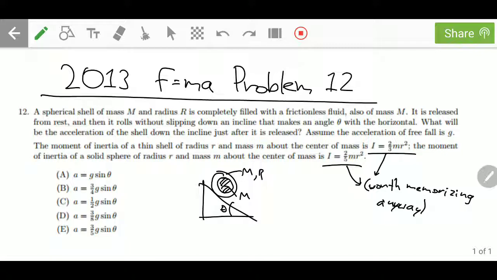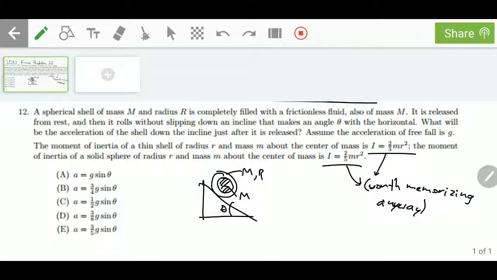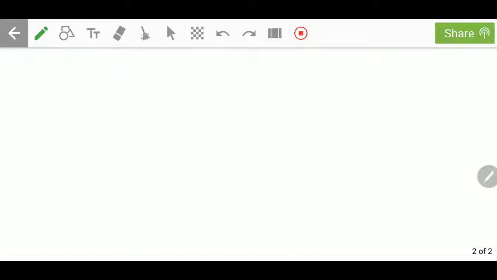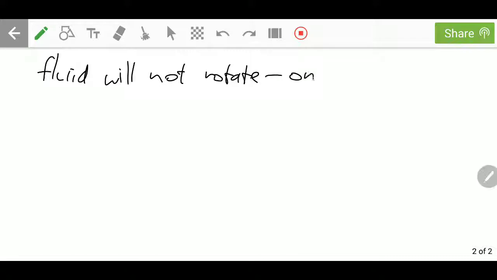All right, so the first important observation is that the fluid will not rotate, only the shell will. Because this is a frictionless fluid, the fluid will ultimately just stay as it is.